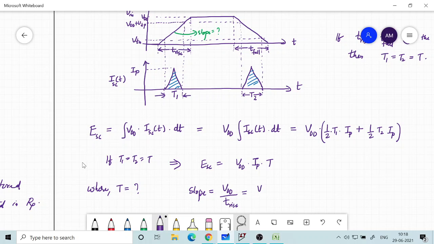It's the same as VDD divided by T fall if they are taken to be equal.